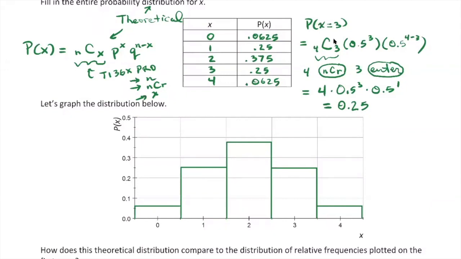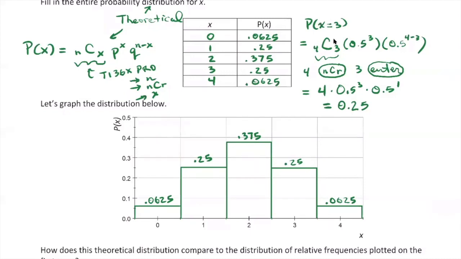Okay, so that's the outcome. I'll go ahead and put my probabilities on here. Like that.